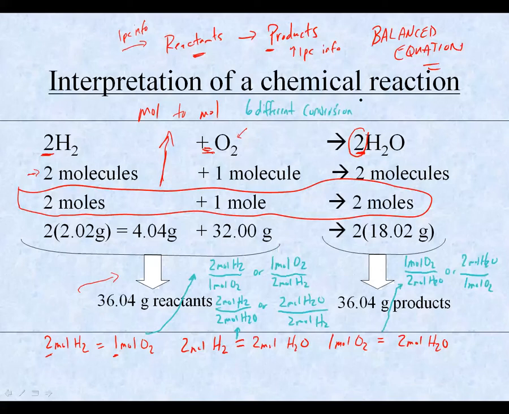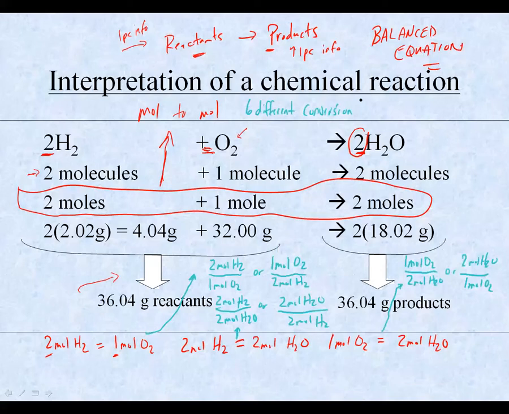So for example, in this one, they'll say, hey, you produced 2 moles of H2O. But you're not actually interested in how many moles of H2O you produce. You're interested perhaps in how many moles of O2 that you started with. So you need a conversion factor to go from H2O to O2.